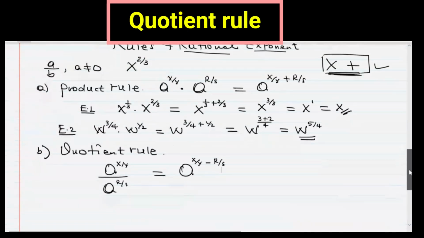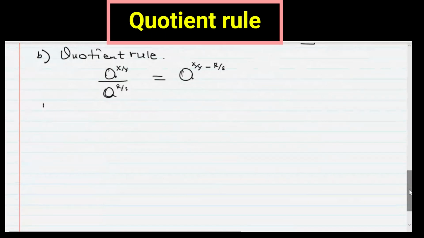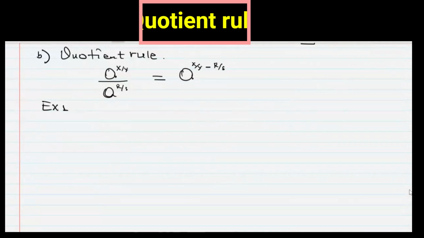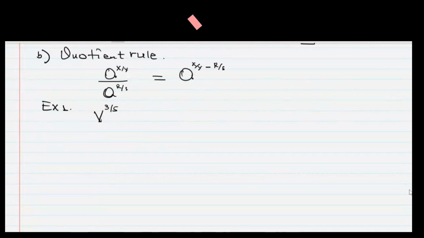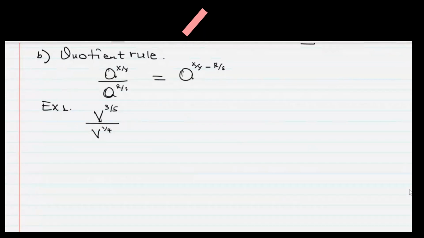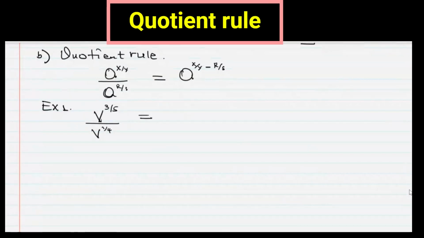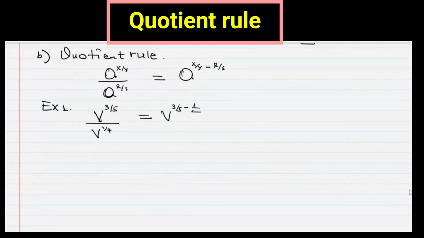All right, let's do some more examples on this one. Example number one. If you have v to the power of 3/5 over v to the power of 1/4, you take one v, and then 3/5 minus 1/4.